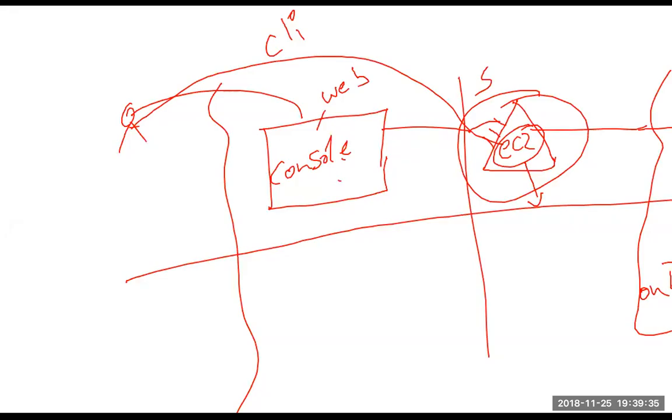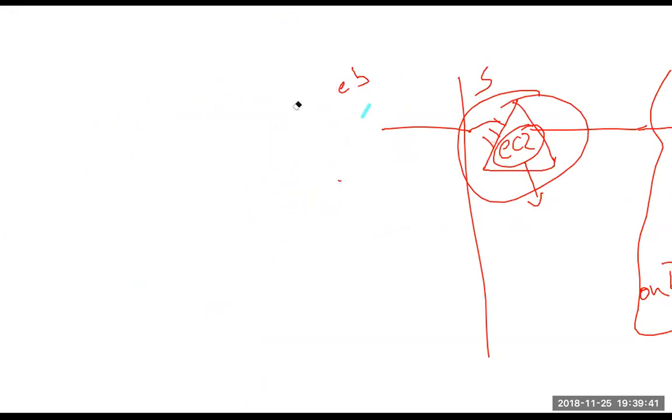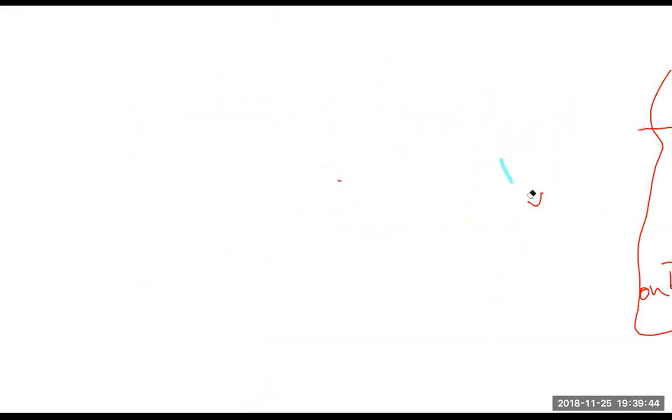So what are those categories? They offer different services. Why do they offer different services? To meet the needs of different customers. Okay. To meet the different customers, they have different services. Now, what are the services that I'm speaking about? First, let's see what the categories are. There's a category called compute. There is one more category called storage.